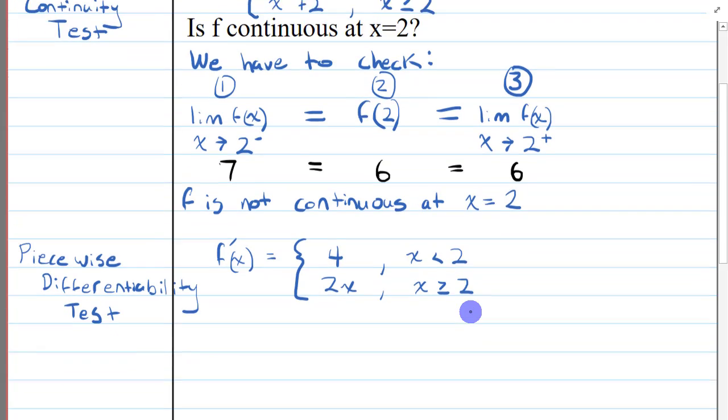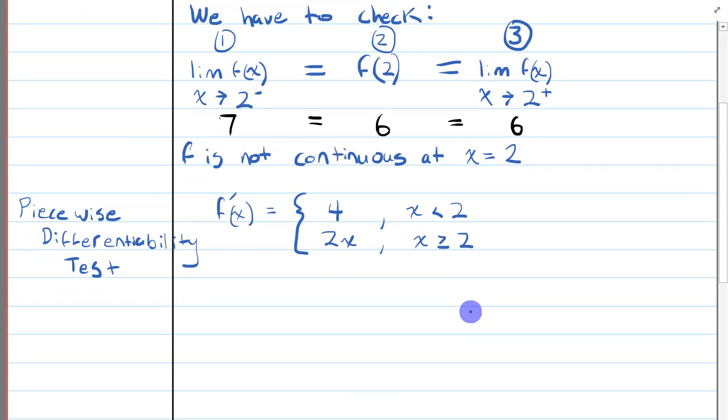So very similar to our previous test, we have to check these three things. First, that the limit of f prime of x as x approaches 2 from the left is equal to, and you can probably guess what's going to be coming here.